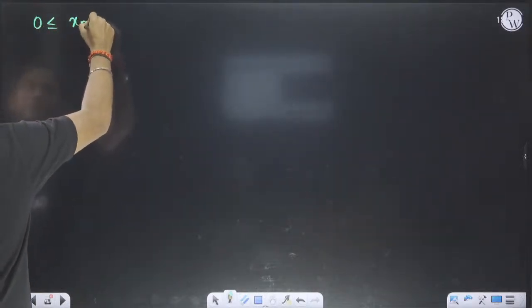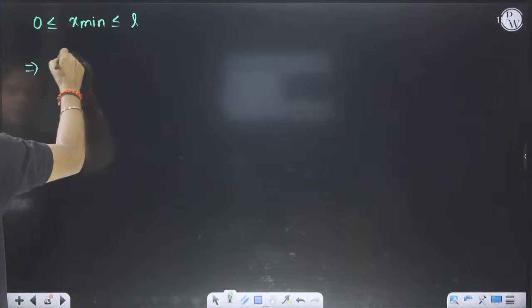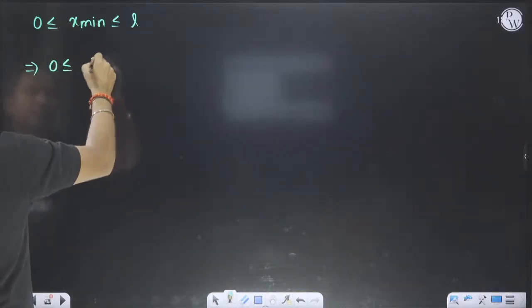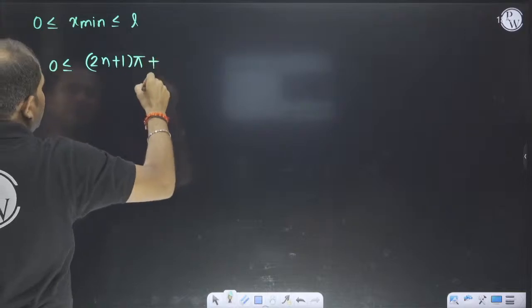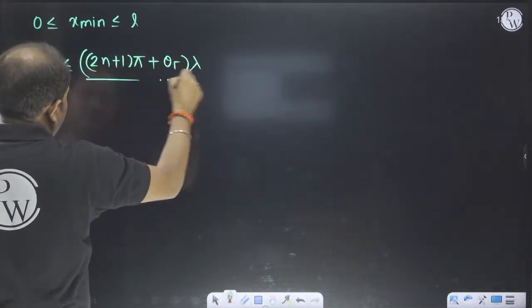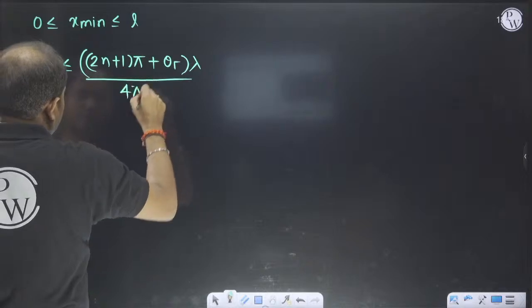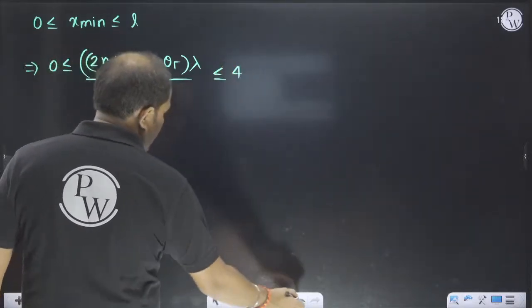So for the number of minima, x min is from 0 to L, with 2n plus 1 π plus θγ into λ divided by 4π is equal to L.